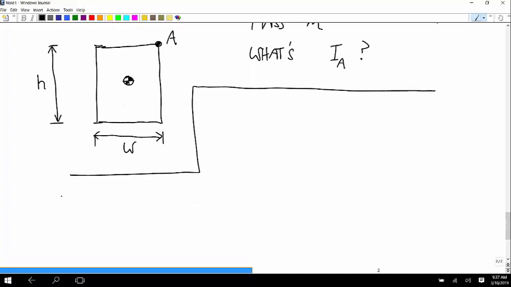So the mass moment of inertia about the center of mass is 1/12 times m times h squared plus w squared.